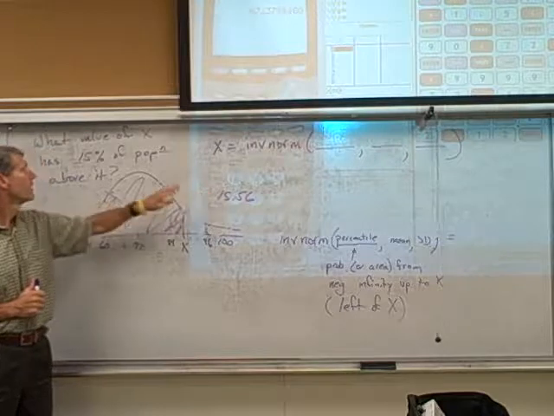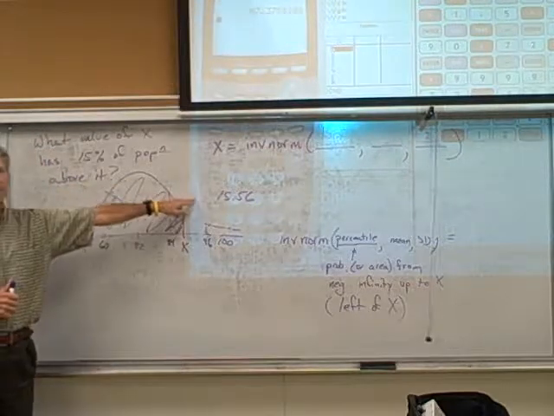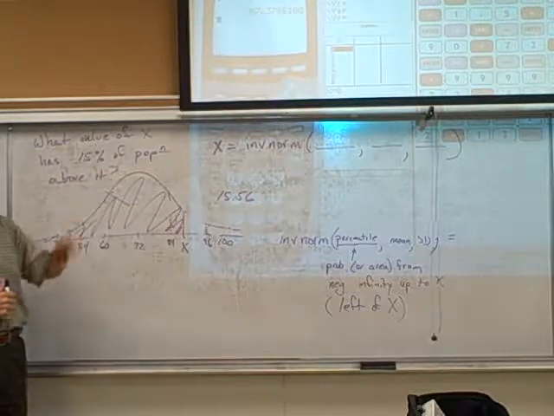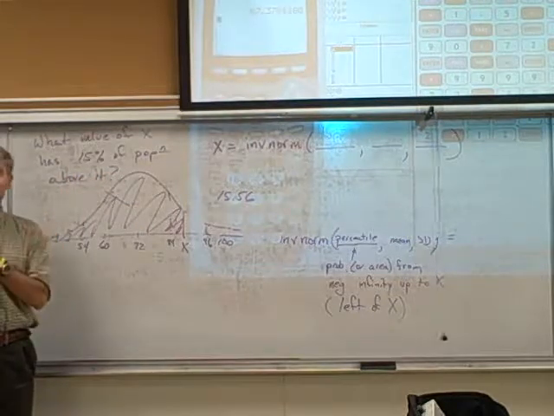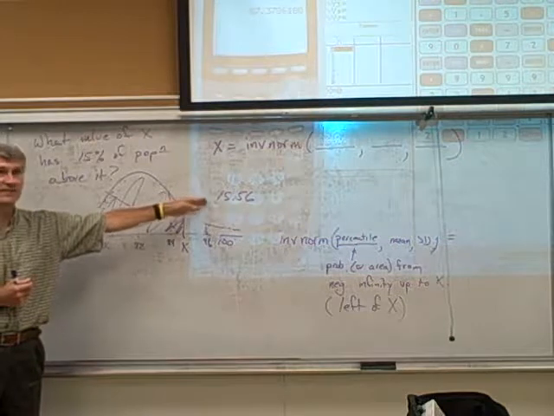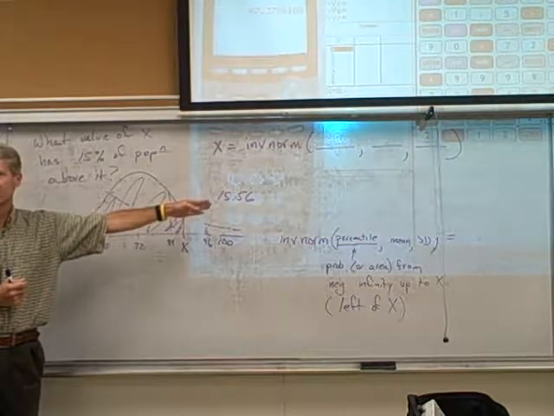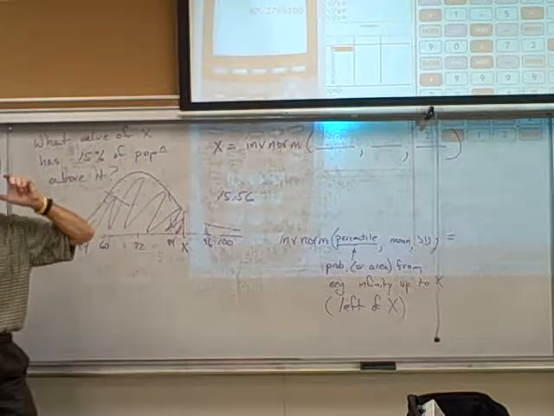A pulse of 15 has 15% of the population above it, which means 85% of the population has a pulse less than 15? Oh, that doesn't make sense. So always think about your answer.